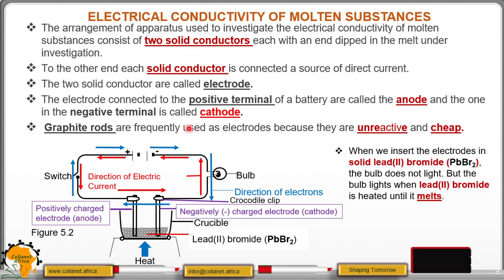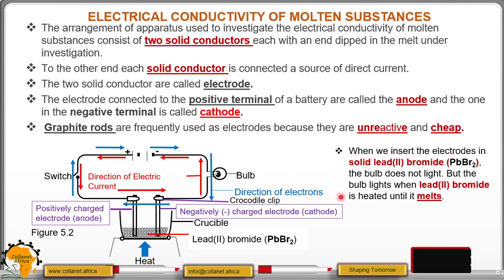We move on. When we insert the electrodes in solid lead 2 bromide, the bulb does not light up. So if the substance is not molten, if it is in solid state, the bulb will not light up, meaning there is no flow of current.